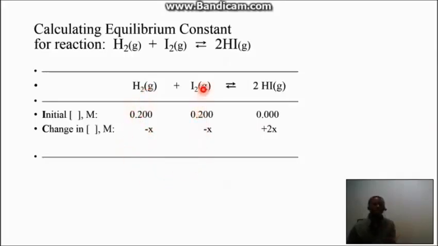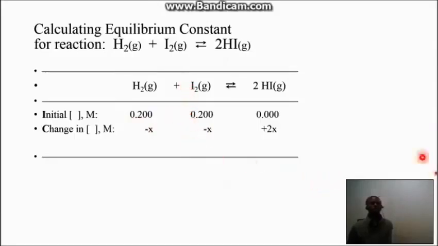The same, the concentration of this one will also change by negative x, because we are consuming it. We have these x's because the coefficient here is 1 and the coefficient here is 1.